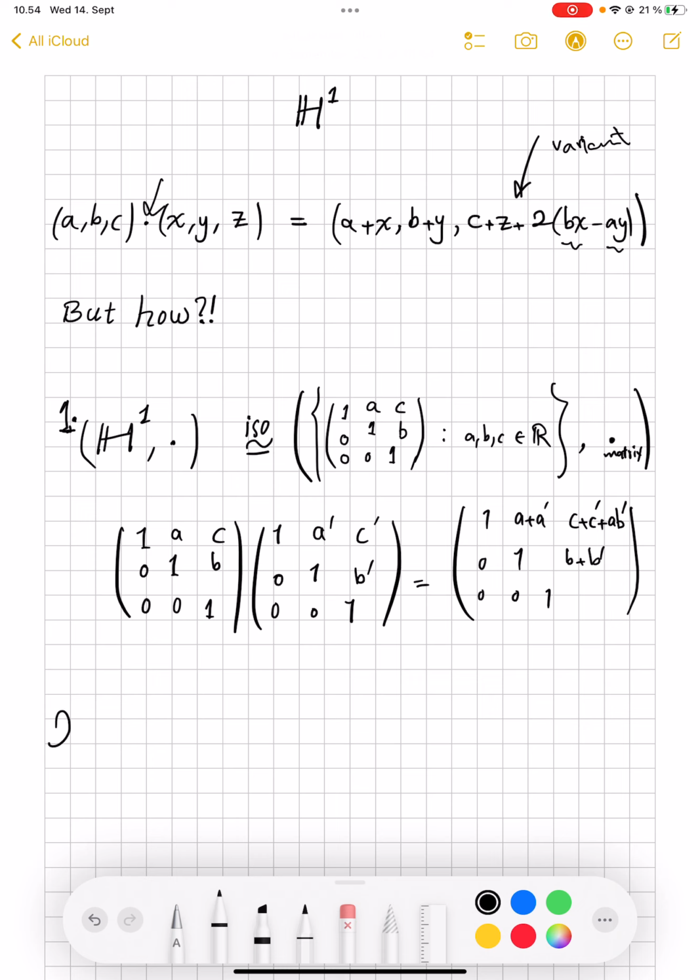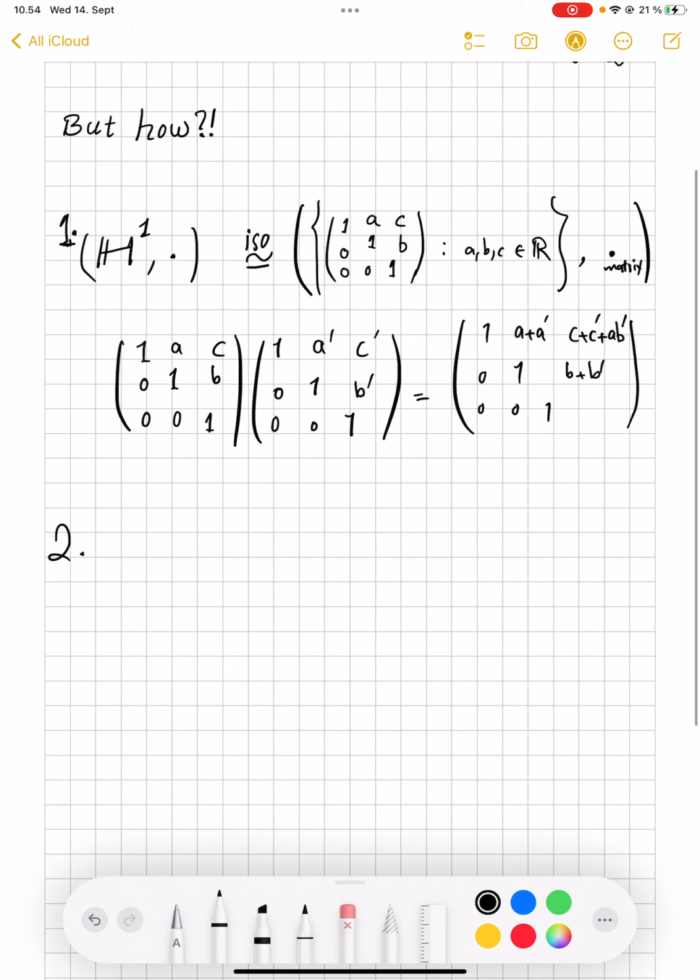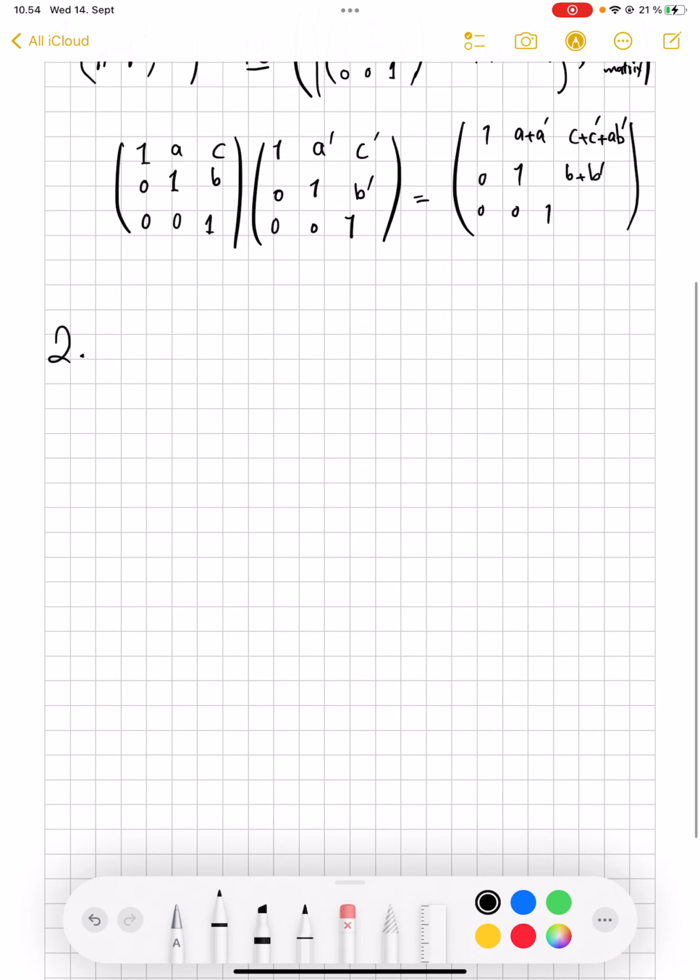But then there is also a deeper reason which I wanted to emphasize in this video. And that is you begin with nothing other than a Lie algebra. So what is a Lie algebra? A Lie algebra is a vector space.